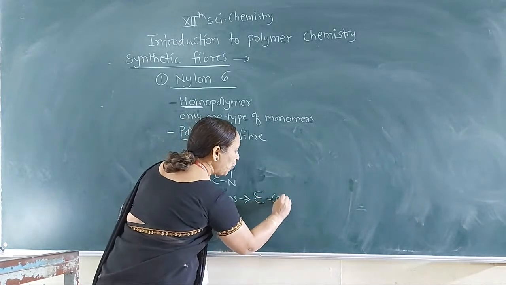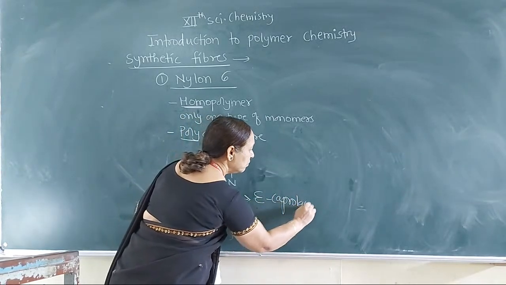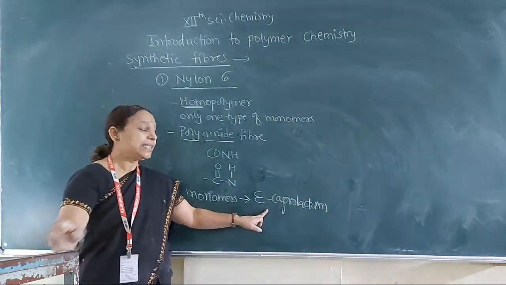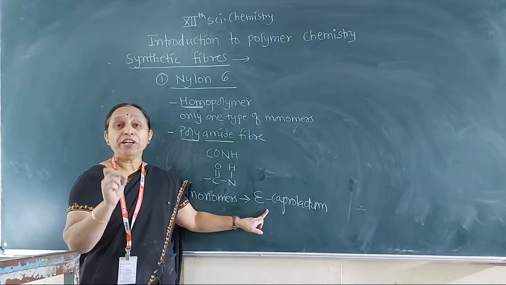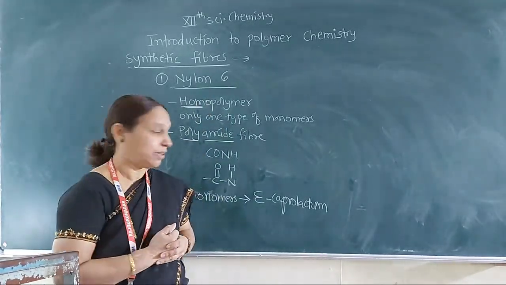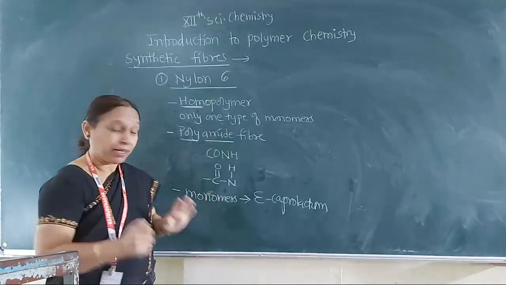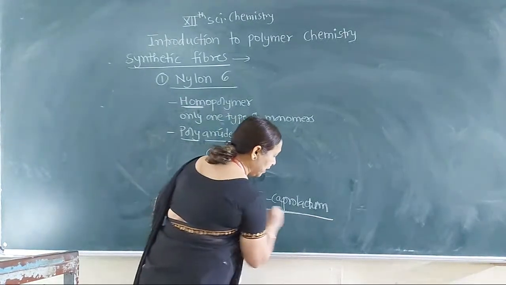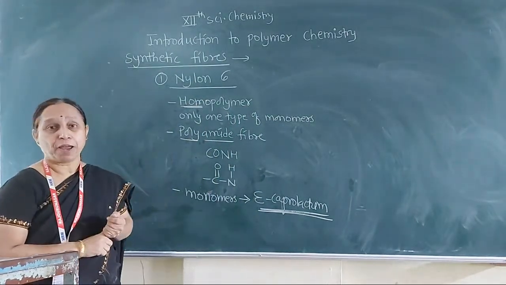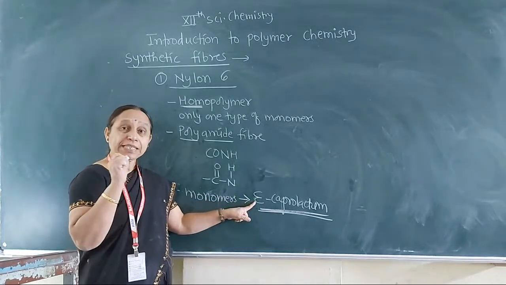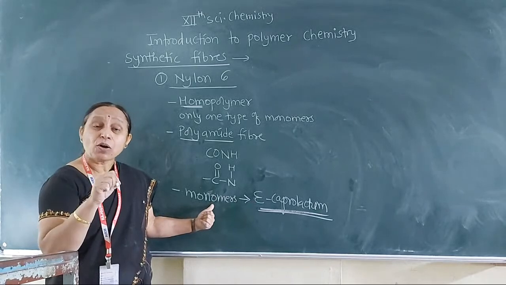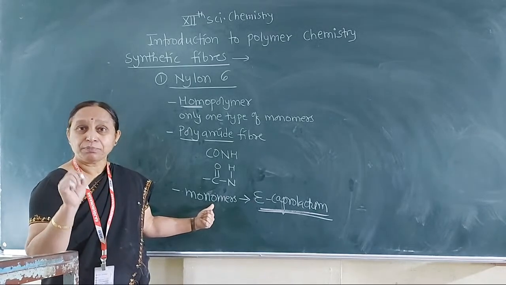Epsilon caprolactam is the raw material which is used for the preparation of this fiber. You have to remember the name of this raw material, epsilon caprolactam.